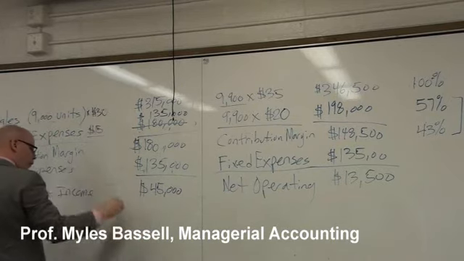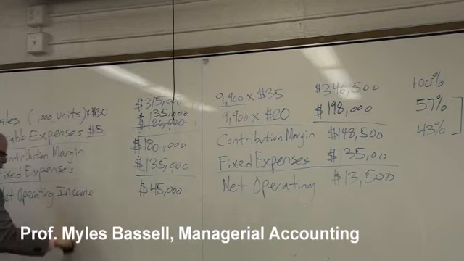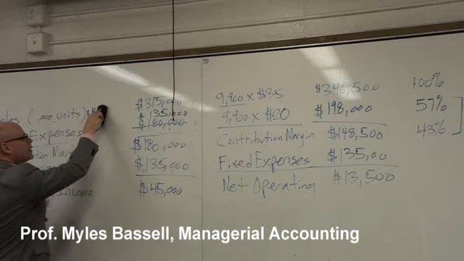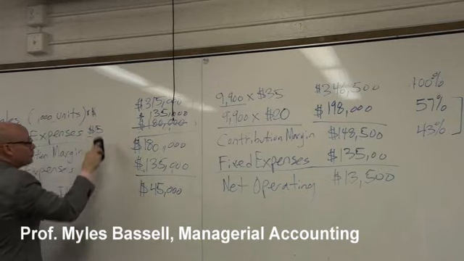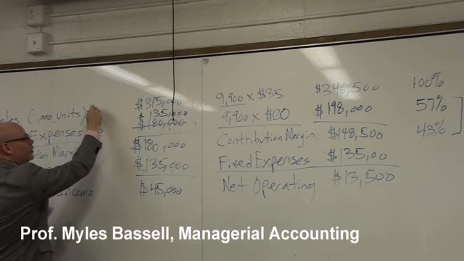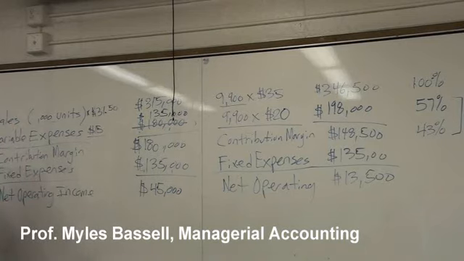So if we lower the price by 10%, that would be what? $31.50? So now we're going to sell at $31.50. And let's say at that price, we could sell 15,000 units.